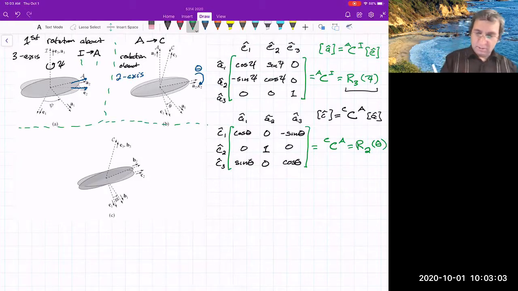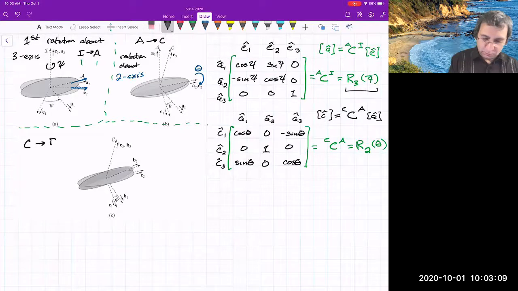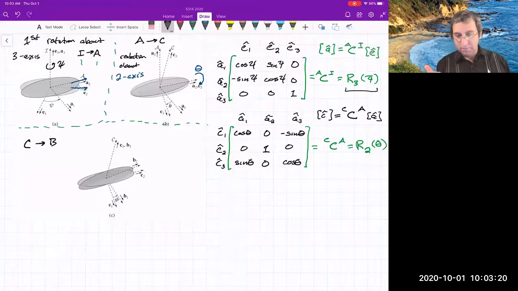The last rotation takes us from this intermediate C frame to the actual body fixed frame. The first rotation was about 3. The second rotation had to be around 1 or 2. It couldn't be 3. We chose 2. Now this third rotation can't be about the number 2 direction.